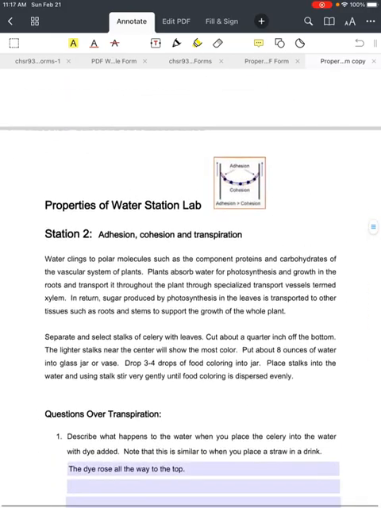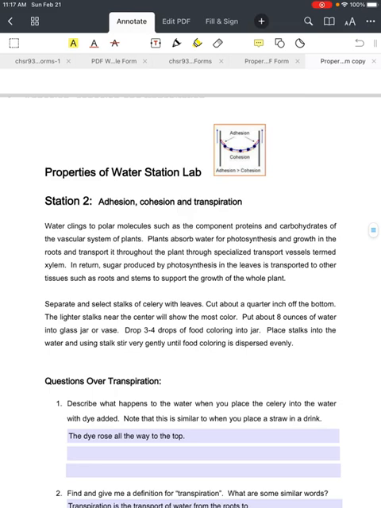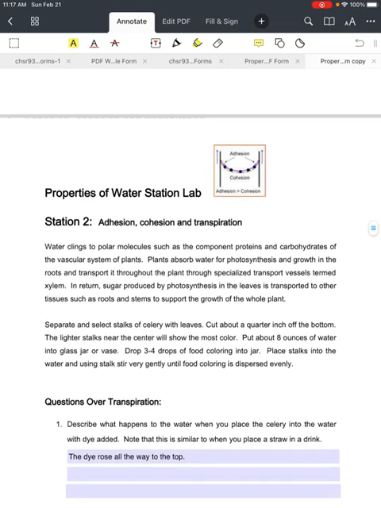So we looked at some celery and some flowers that I put into water with food coloring, and we saw that they took up the food coloring all the way up to the top of the flower petal. Describe what happens when you place the celery into the water with the dye added. The dye rose all the way to the top.